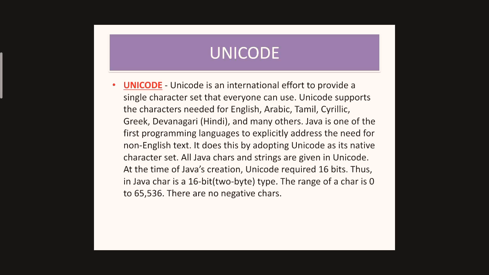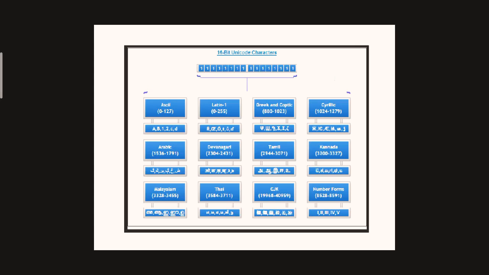So Unicode gave the facility that ASCII was not able to give: Unicode supports different kinds of languages, so people from different countries who don't know English alphabets can also use Unicode and write code in Java. So let's see the table for Unicode. You can see that for English, Unicode also uses the ASCII code, like for alphabets A, B or 1, 2 or small alphabets, they use the ASCII code only, meaning for English-like languages.